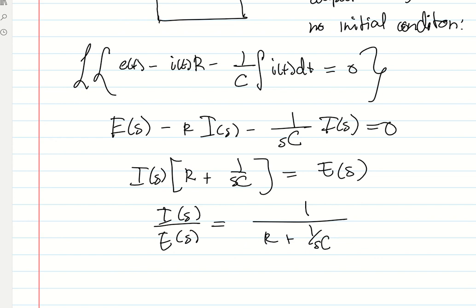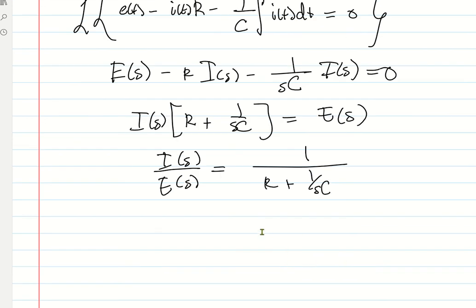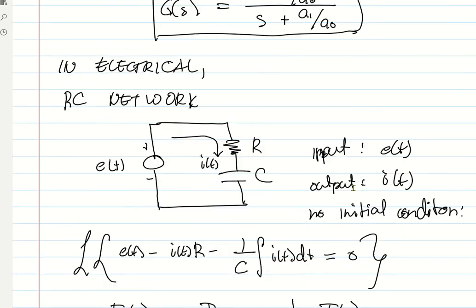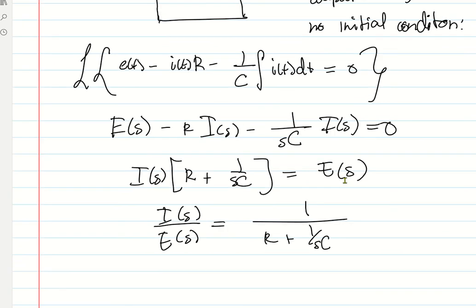But again, it's more convenient for us to simplify this into another form. We can multiply the numerator and denominator by S over R, so that the S here will cancel out and the R here will also cancel out.